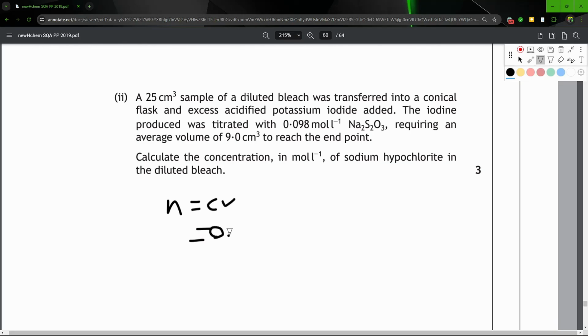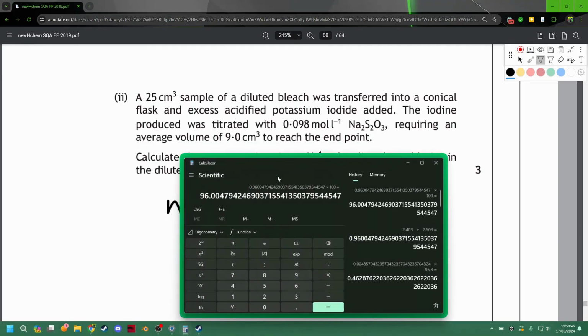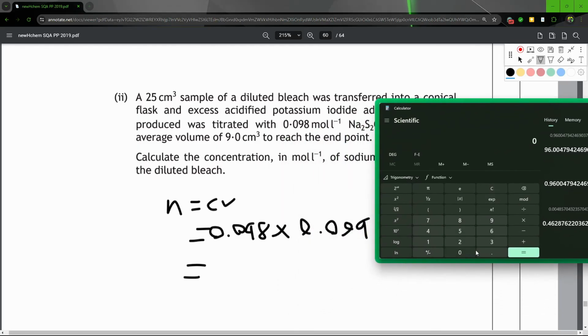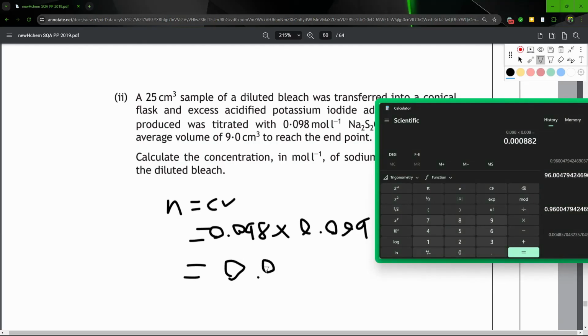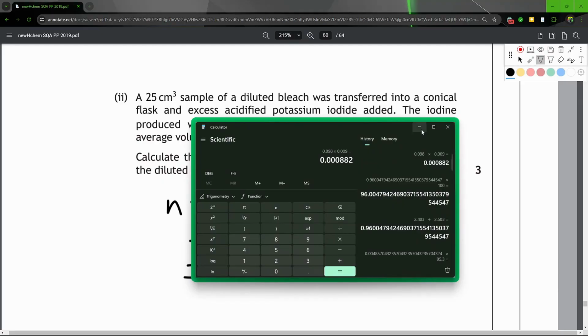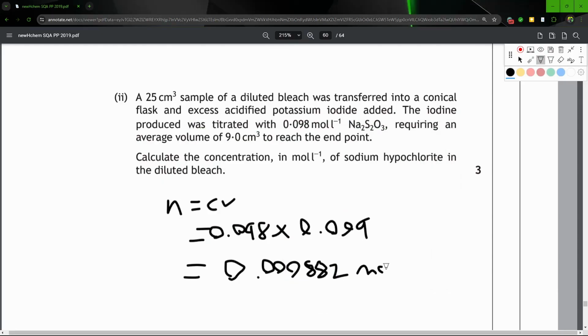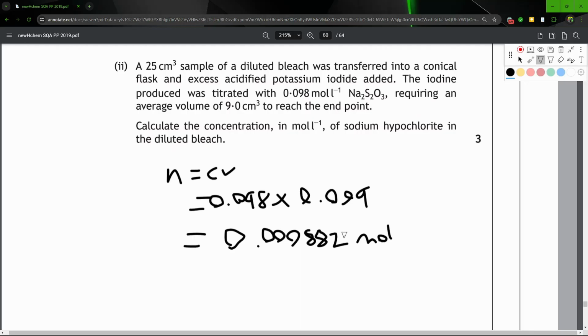Concentration is 0.098 moles per liter, and volume is not 9, it's 0.009, because remember we're doing it in liters. We'll pull out our calculator, and this will give us an astonishingly low number. Oh, I love writing loads of zeros. There we go, 0.00082 moles.